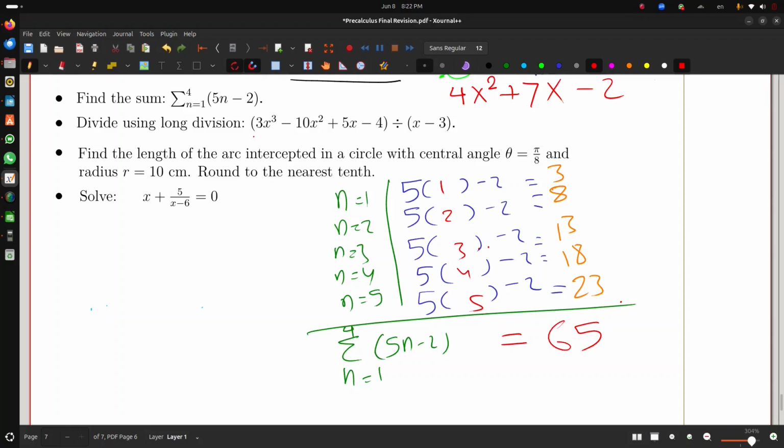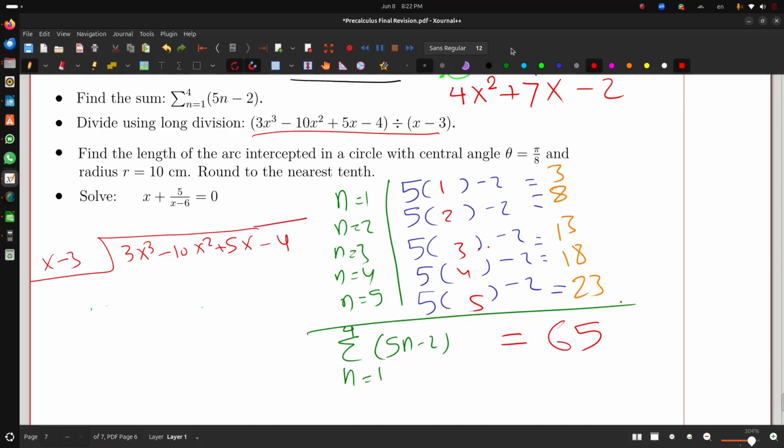Next, use long division to answer this one. Okay, for long division, it's just an algorithm and you just repeat it. So x power 3, x power 2, x minus 4, and this one x minus 3.